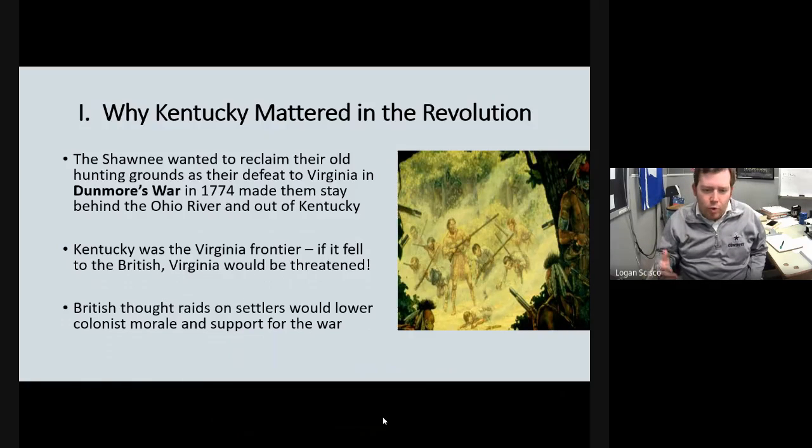However, the British never quite achieved this aim, but they believed that by raiding settlements and using their native allies and attacking up and down the frontier, it would weaken colonist support for the war, it would weaken morale, and they would beat the American independence movement into the ground.